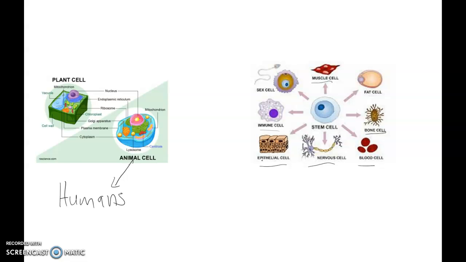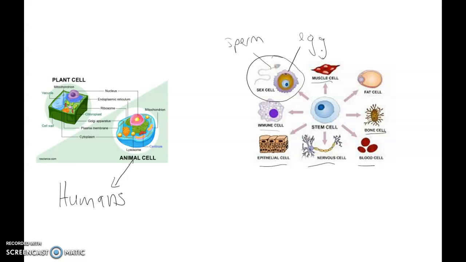Now, the ones that we're going to be paying most attention to today are the sex cells. Okay, and that's because we're going to be looking at different types of cell division. So the sex cells, which are your sperm and egg cells, are made up through the process of meiosis, and that is going to be one of our types of cell division.